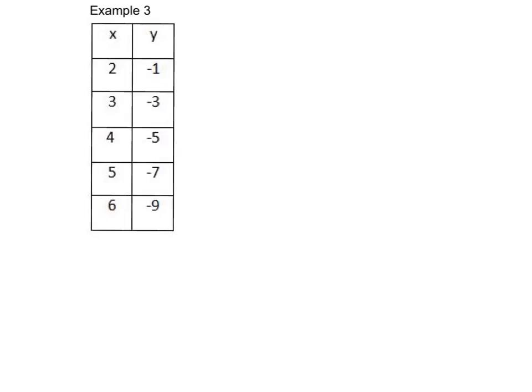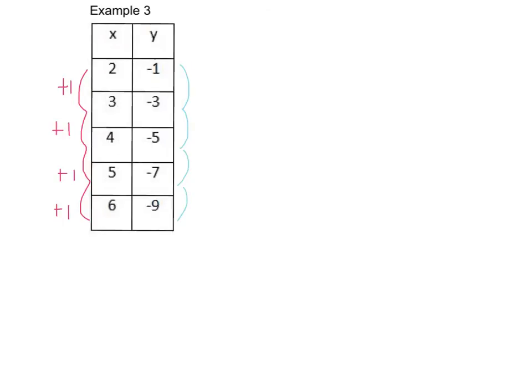Let's have a look at our third example. So once again, let's repeat the process. We're looking for the pattern or the rule in the x's, and in this case it is going up by 1. And then we're looking for the change that is occurring in the y.